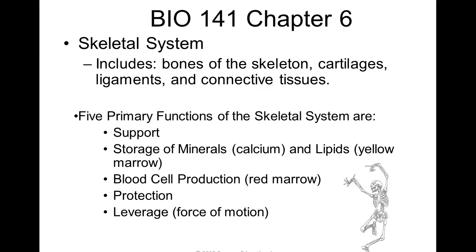There are also lipids stored in bones, in the hollow areas of long bones. We call it the yellow marrow, so you have lipids stored there. In the spongy bone, and I know these are words that maybe you're familiar with, maybe you're not, but you will become very familiar with them.